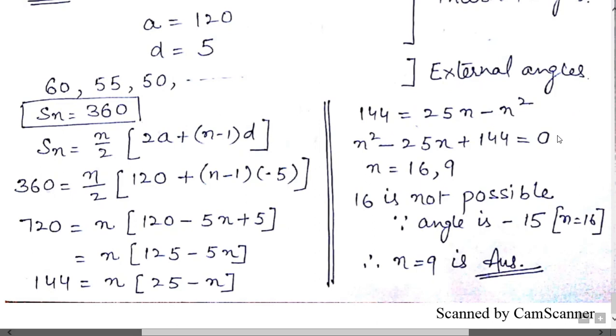By solving the quadratic equation, you will find that there are two answers. One is 16 and the second is 9. Now, according to a layman, both the numbers are feasible, but 16 is not possible because the angle is minus 15 when I insert n is equal to 16.